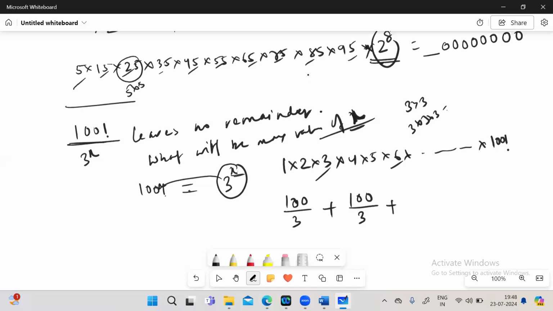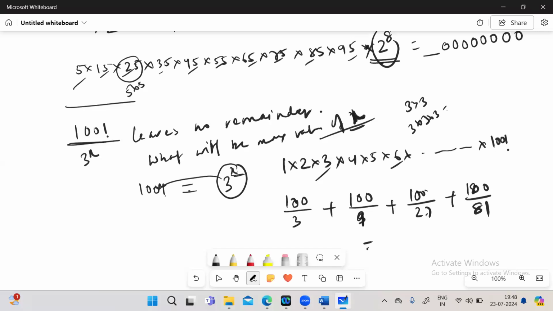So every 27th number will give you one more 3. Similarly, every 81st number will give you one more 3. And I cannot take the next power of 3 because the next power of 3 is 243.